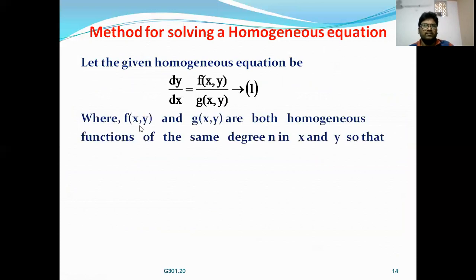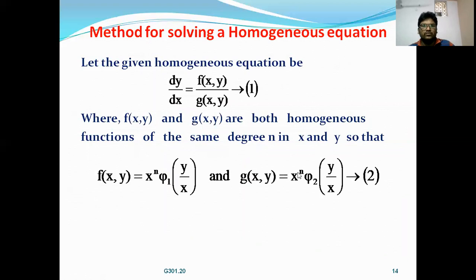Name this equation number 1, where f of x comma y and g of x comma y are both homogeneous functions of the same degree in x and y, so that this equation can be written as f of x comma y is equal to x to the power of n into phi 1 of y by x and g of x comma y is equal to x to the power of n into phi 2 of y by x. Name this equation number 2.